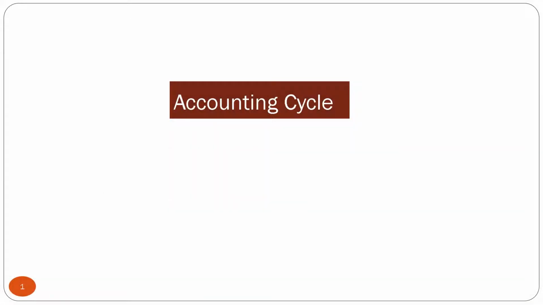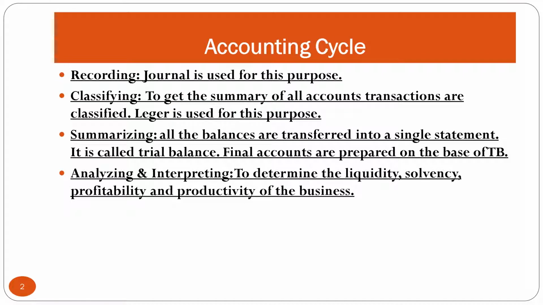Hi, this is a video in the series of accounting cycle videos. In the previous videos, we have discussed the different steps in the process of the accounting cycle in brief.